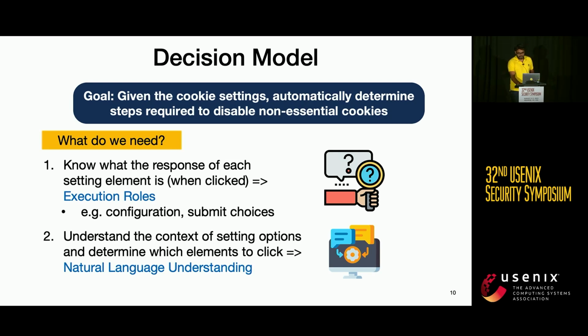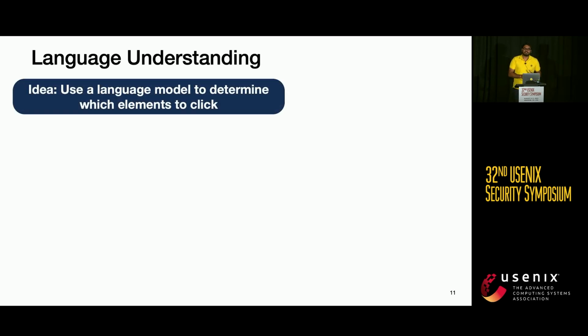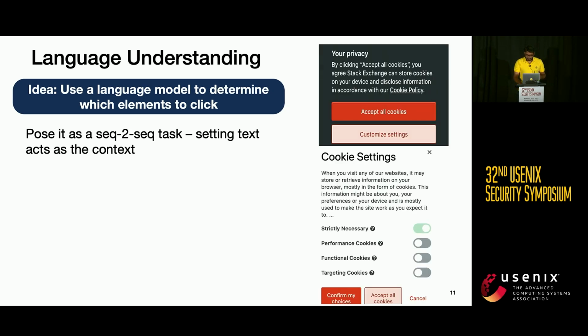And there we use natural language understanding. The idea is that we use a classical language model to determine which elements to click. We pose this task as a sequence-to-sequence task, where we input setting text, which acts as the context for the model to understand. Basically, we take the setting text, the setting type, the element type, and whether it is configurable or not, and then we give the sequence to the model and ask it to give us which elements to click.